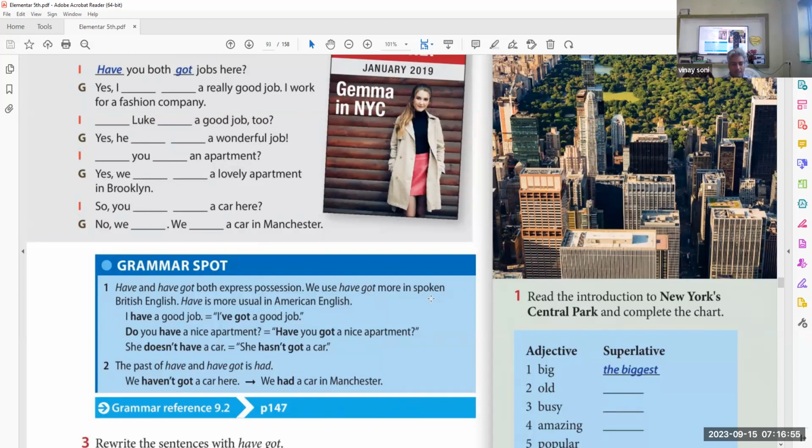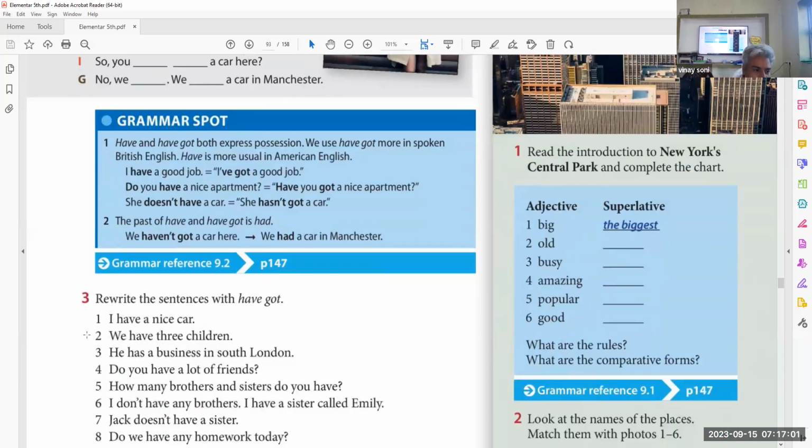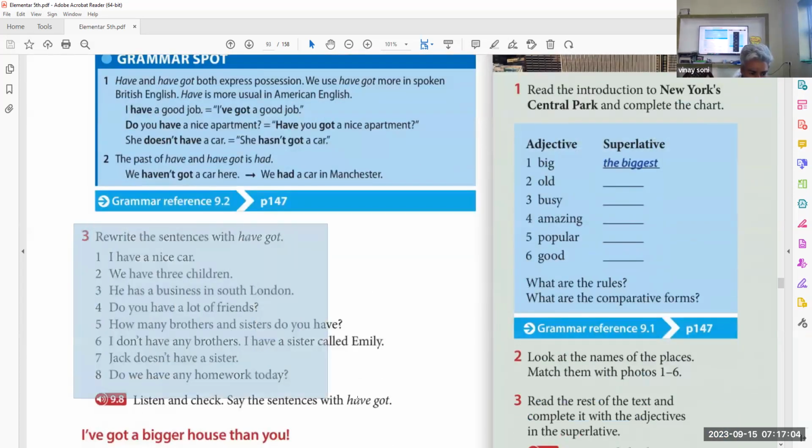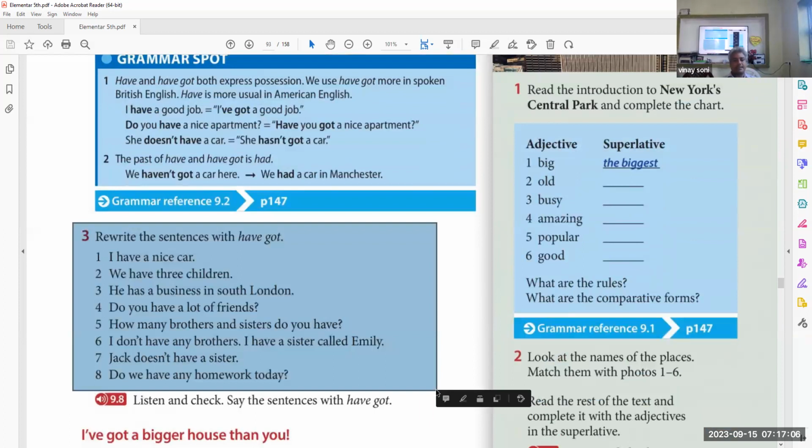Okay. Now, if you have understood this idea of have got, then here you have some sentences, 8 sentences in exercise 3. Why don't you write next to the sentences how you will say it with have got? I have a nice car. So it will become, I have got a nice car.